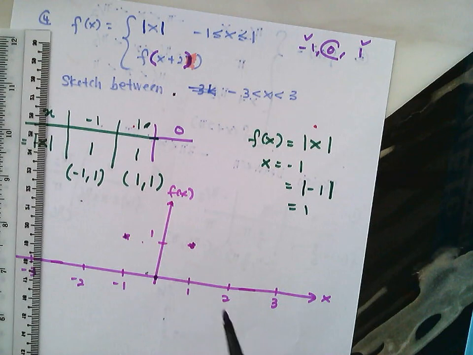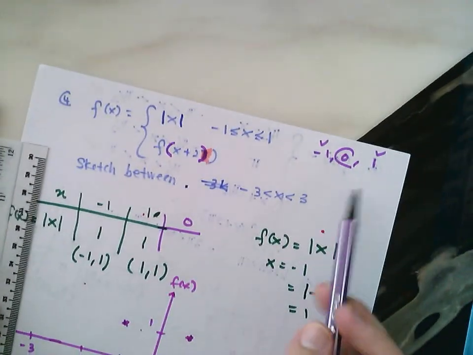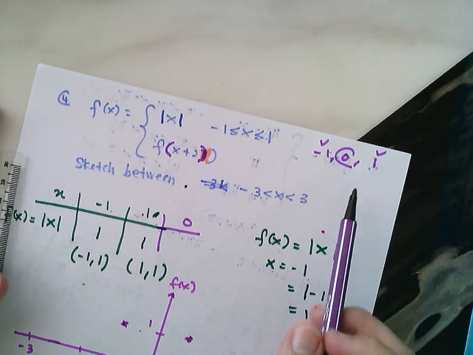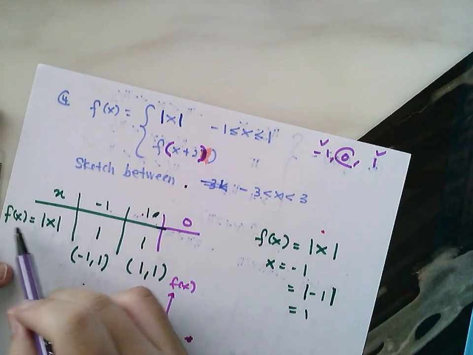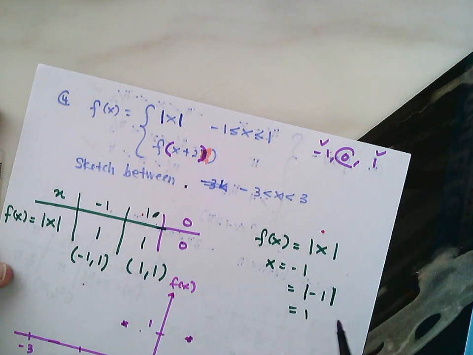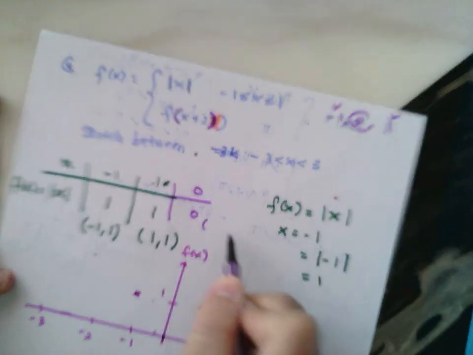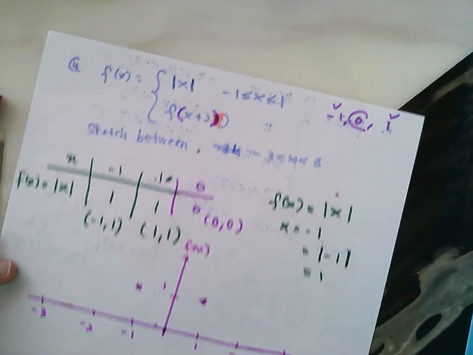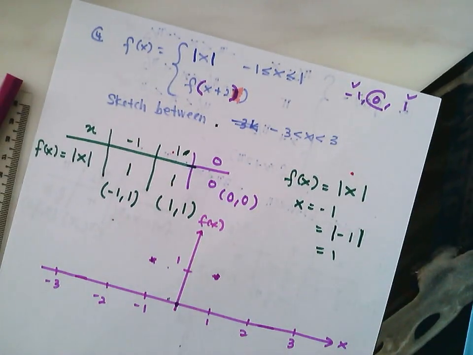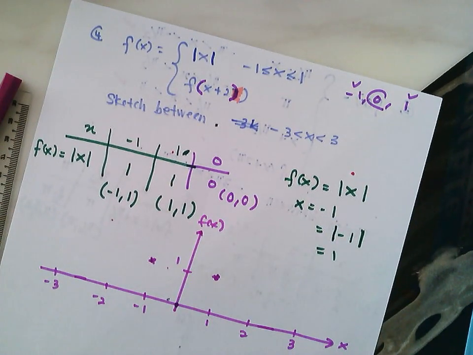You don't know which one is the correct one, so that's why you need to take another value of x. When x is equal to 0, for sure f(x) is equal to 0. So you will have another coordinate, which is 0, 0. The coordinate 0, 0 will be here.